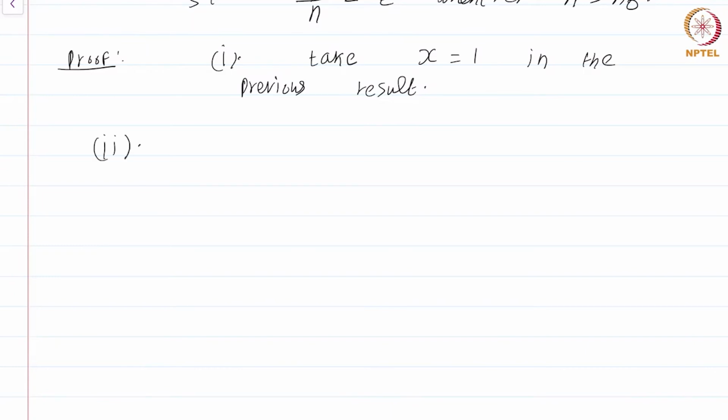For part 2, take y equals 1 by epsilon and x equal to 1 in the previous result.